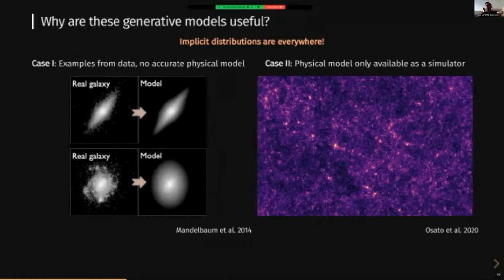What I see here is a complex field, where the blobs are clumps of dark matter, the local density on the sky of dark matter, that I cannot describe fully analytically, but I can make simulations of it. So in this particular instance, you can think of the simulator as being its own implicit distribution. I don't have the actual analytic description of this distribution, but I can sample from it.